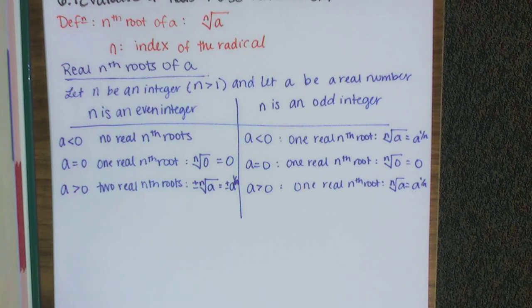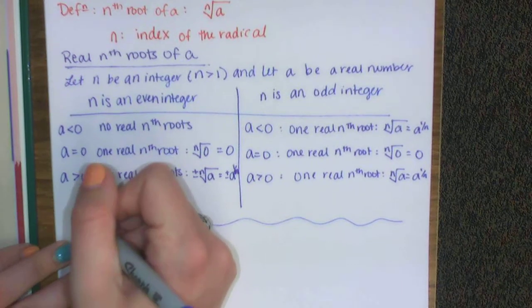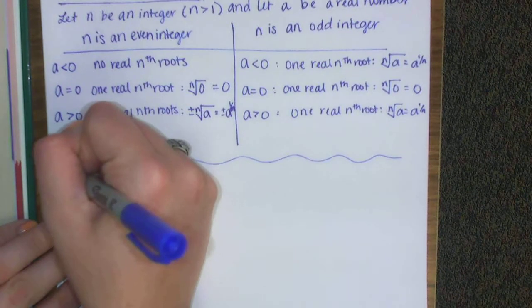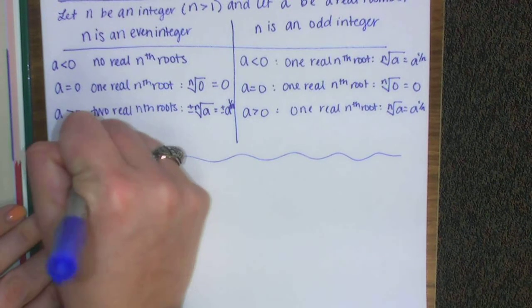Alright, and then we have what happens if we have rational exponents. Another chart that we will make here, let me slide this up a little bit, is for when we have rational exponents.